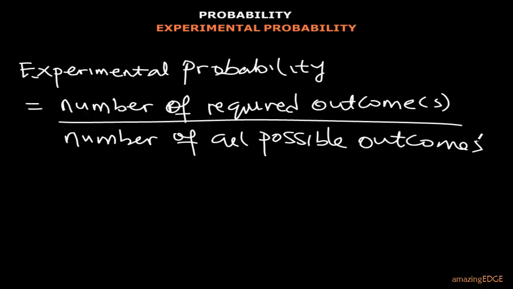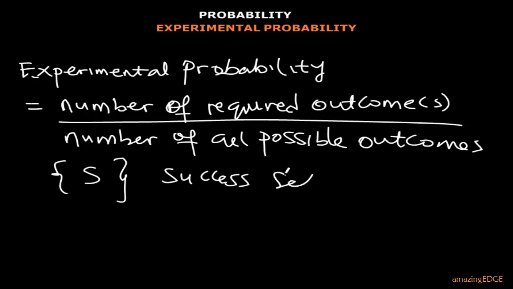Now, having said this, we can also define this experimental probability using the definition of set. For instance, if you allow X, this is a set X, and we call it the success set. You know what I mean by a success set.